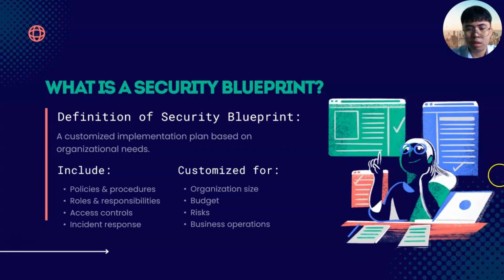For example, in this case study, the electronics retailer may require employee access control, a better monitoring system, and faster incident response. These requirements depend on the organization's size, risk, and business operations. Therefore, a blueprint explains how security should actually be implemented.